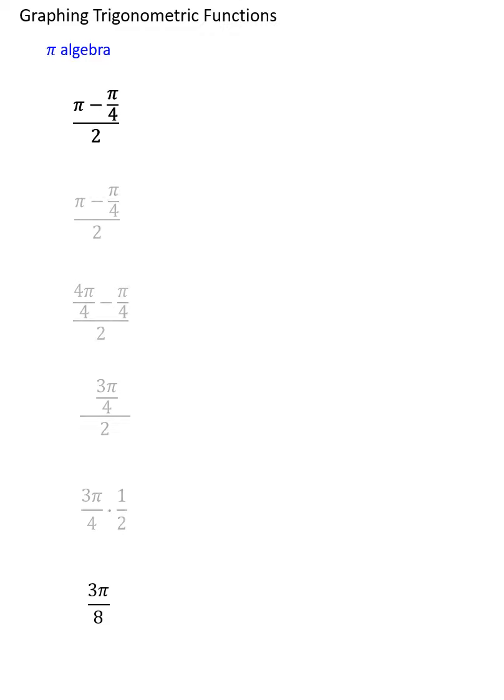And in that sense, this expression at the top simplifies to 3 pi over 8. That's what I mean when I say pi algebra: to take an expression with pi in it and rewrite it as a simpler expression using pi, never using the 3.14 value that we typically associate with that symbol.